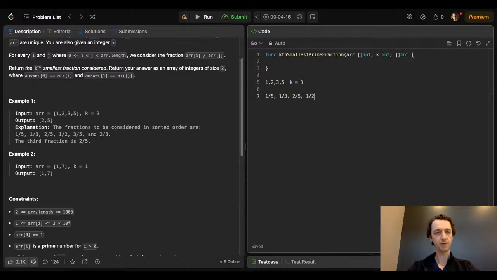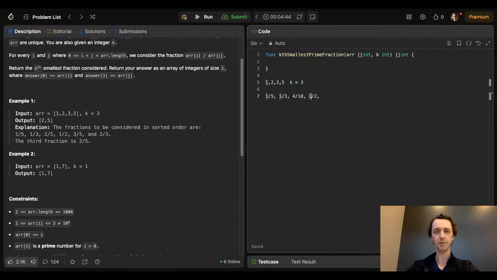Then 3 divided. Why is 1 by 5 smaller? 2 divided by 5 is smaller. So this is essentially 4 divided by 10.